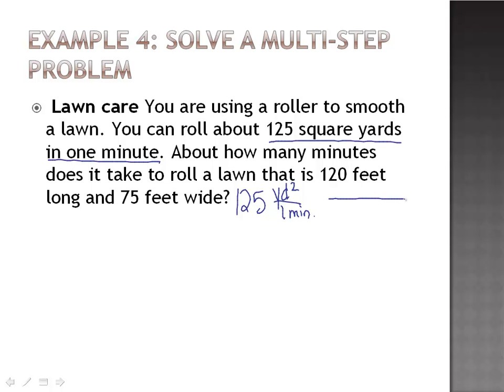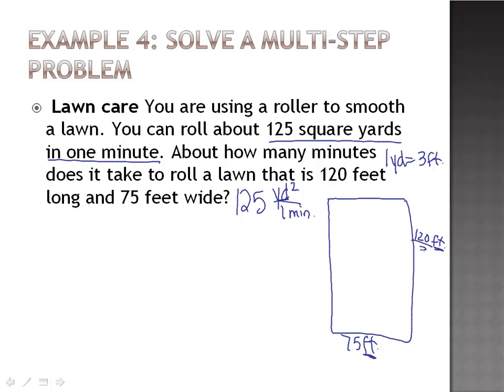So I'm going to draw a picture here. I've got 75 feet down here and 120 feet right here. Now one thing I notice is I've got feet as these units and yards over here. So we need to make sure our units are the same before we do our work here. So I know that 1 yard equals 3 feet.